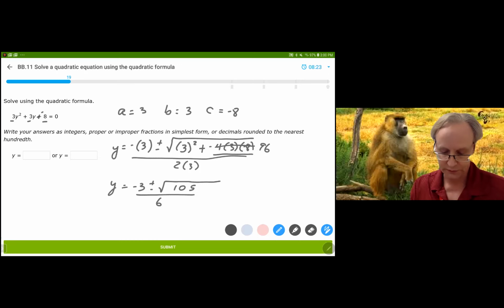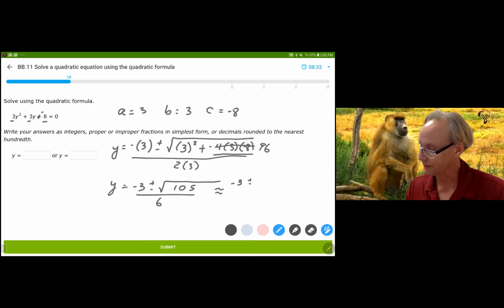I'm taking the square root of 105, which is 10.25 if we round it. -3 plus or minus 10.25 over 6. Now, in this particular case, I am going to go ahead and use the calculator to simplify this because dividing by 6 could give you a little bit of trouble. You also may, before you round it, want to go with just a few more decimal places because when you do the division, it can mess it up.